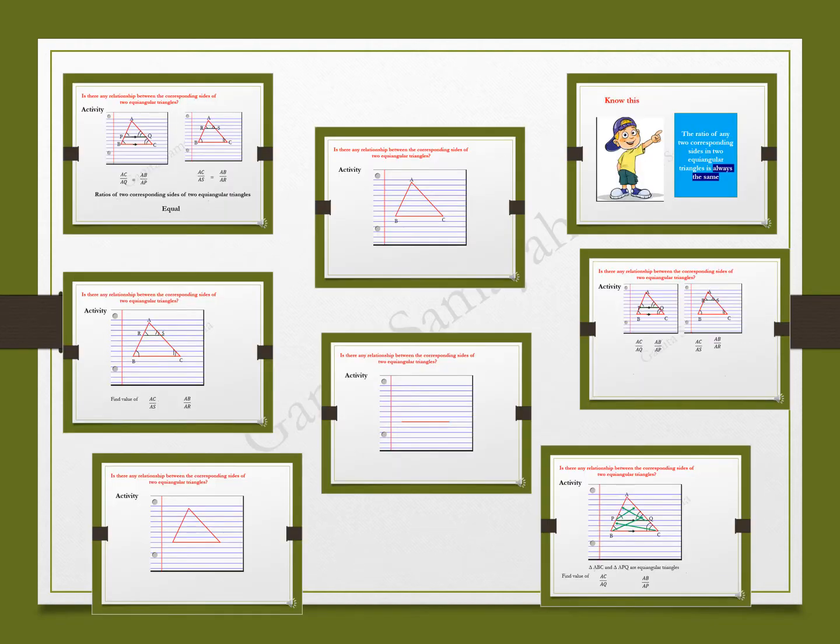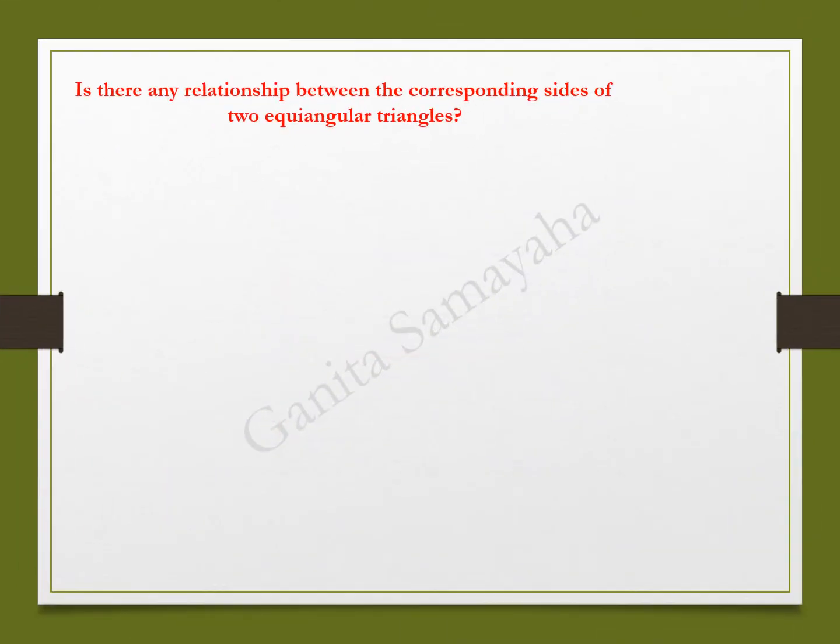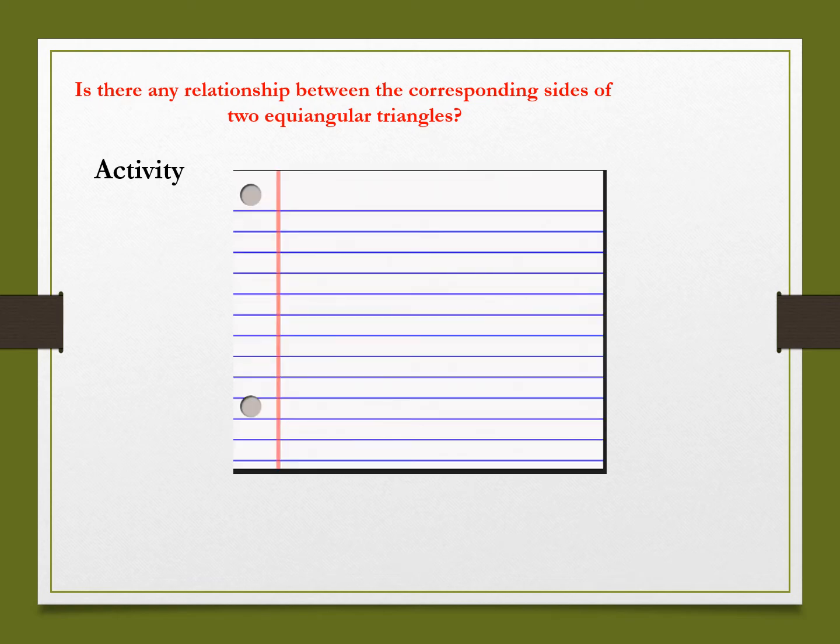For that, you need a ruled sheet of paper. On a ruled sheet of paper, we will do this activity. Clear? Take a ruled sheet of paper and with a pencil, please draw a triangle on this sheet. I will tell you how to draw.